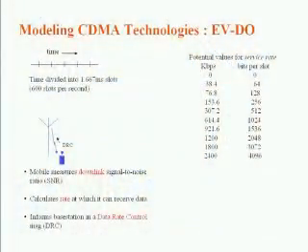This single carrier scheduling environment is meant to model systems such as the CDMA EVDO technology. In EVDO, time is slotted in a way that each second is partitioned into about 600 slots, and for each slot, a scheduling decision is made. So here's a base station, and here's one mobile, one of the many.